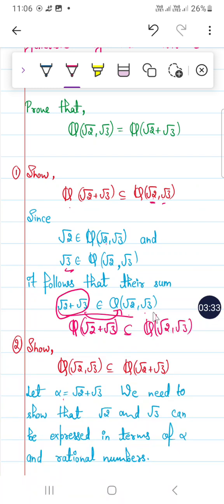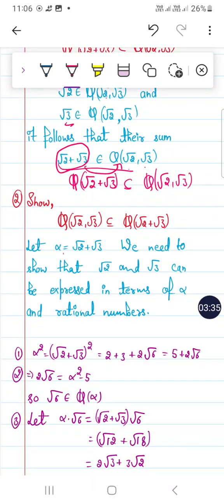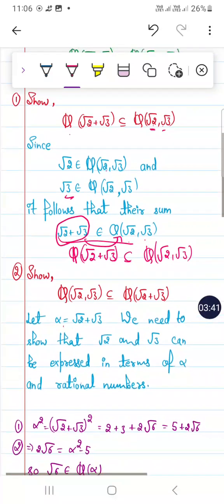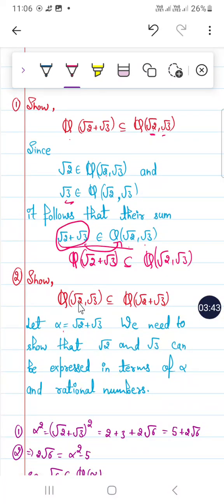Now second, we have to prove that Q(root 2, root 3) is contained in Q(root 2 plus root 3), the other side. So how do we prove that? Let us take alpha.